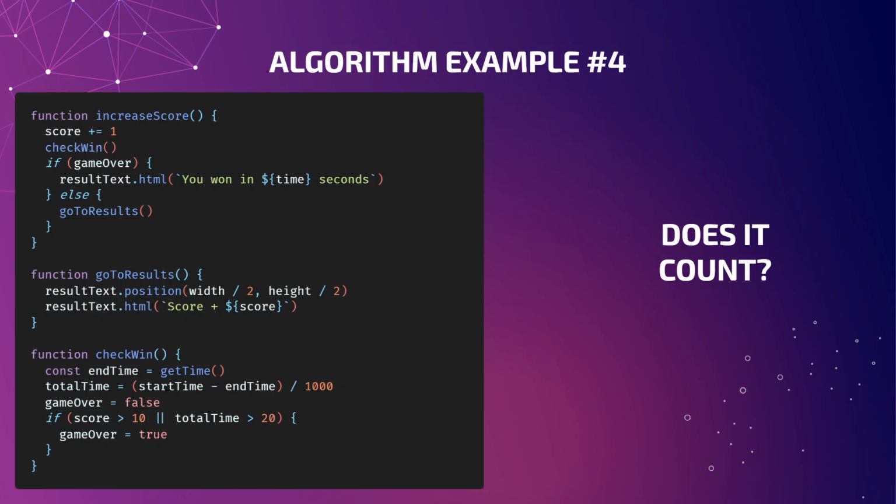They set game over to be false, and if the score is greater than 10 or the total time is greater than 20, set game over to be true. Okay. And that check win happens above, right below score plus equal 1 in the function increase score. So we see logic there, right? Yeah, go to results doesn't have logic, but the program is asking for multiple math and logical concepts inside there.